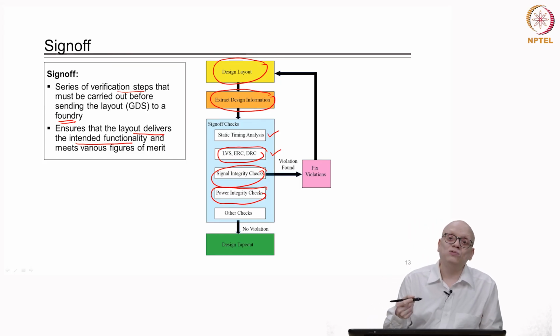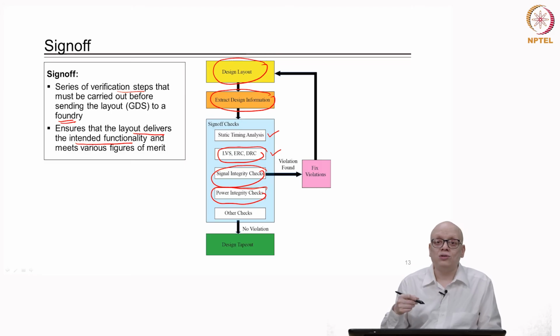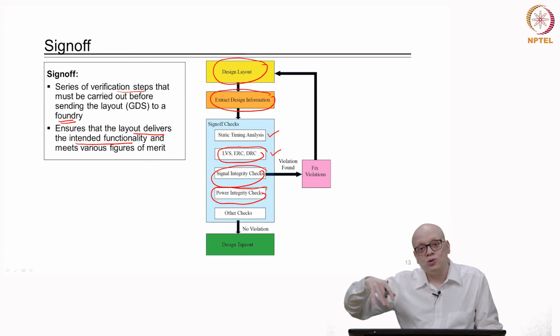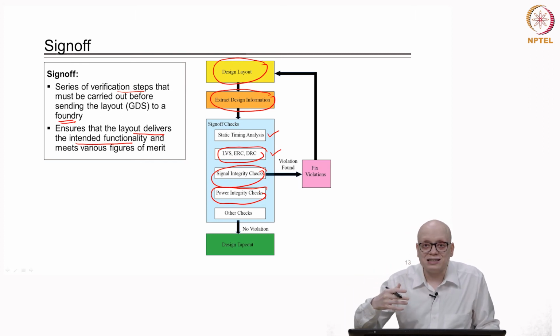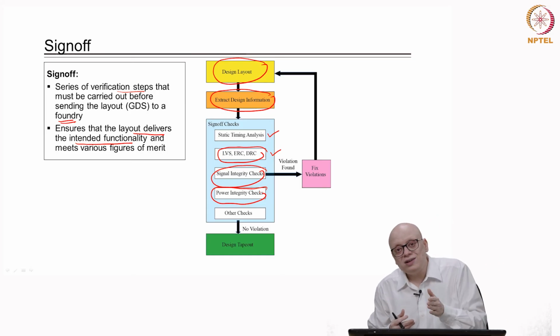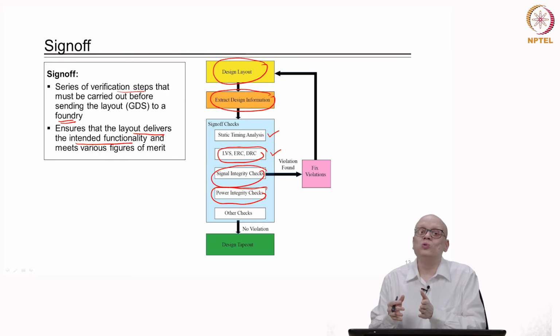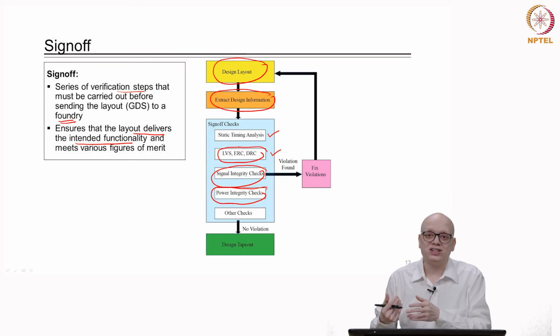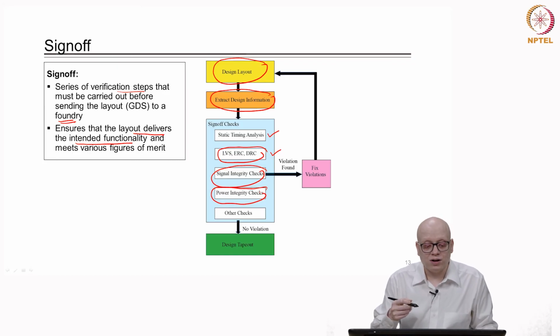But they do these checks at a higher level of abstraction, and therefore the accuracy of those checks can be lower. Therefore, once we are going to sign off, we take another set of tools, separate from the implementation tools. We take help of sign-off checking tools which have much higher accuracy for carrying out these kinds of verification, right.